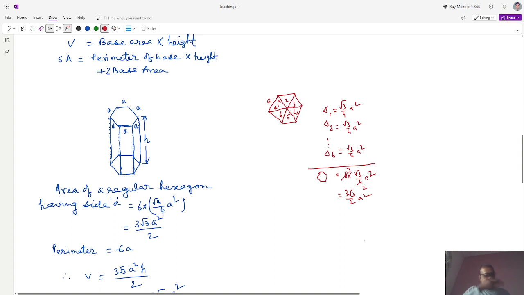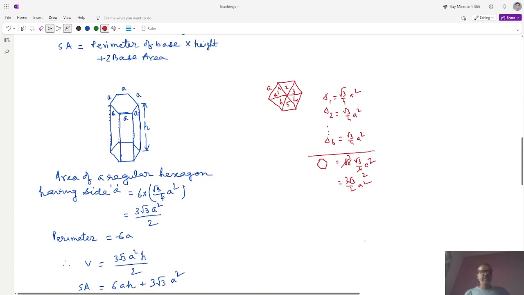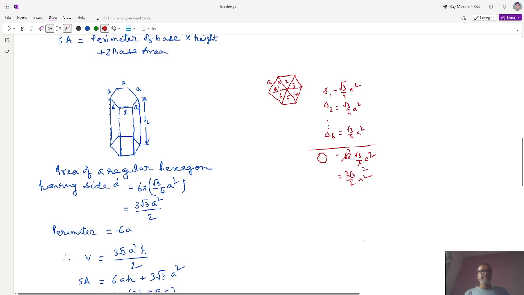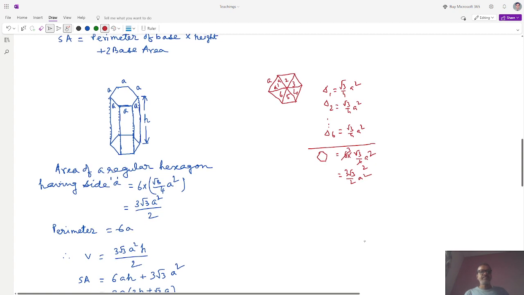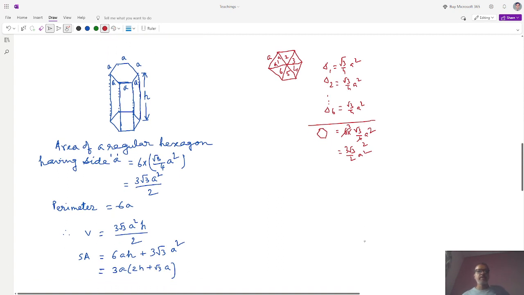Now the perimeter of the base is 6a. So the volume of the prism will be how much?